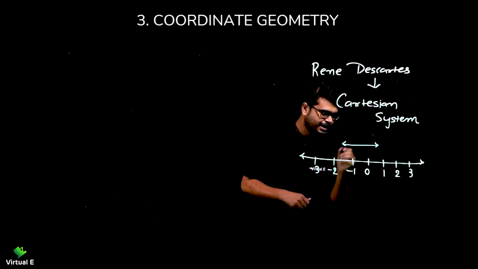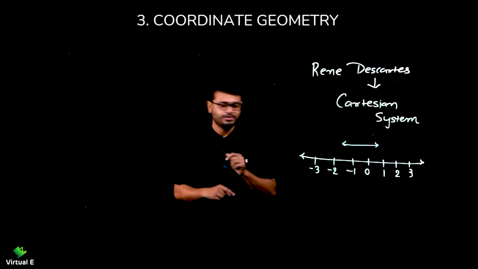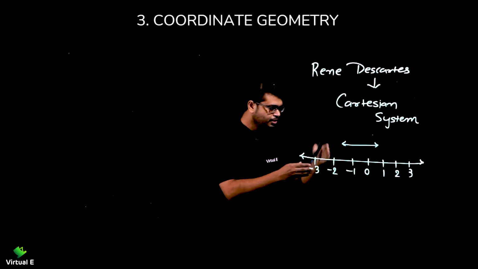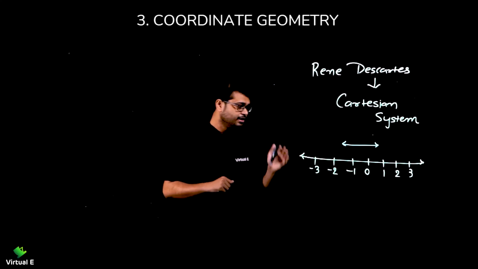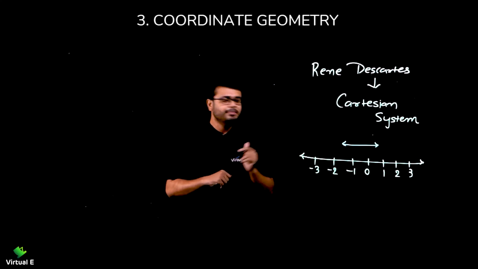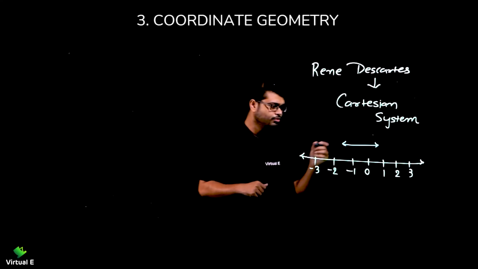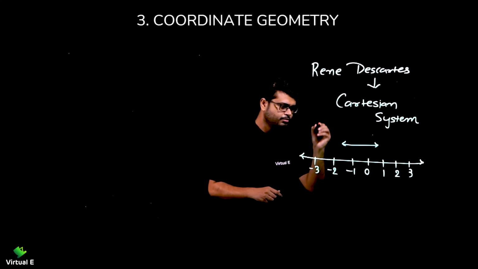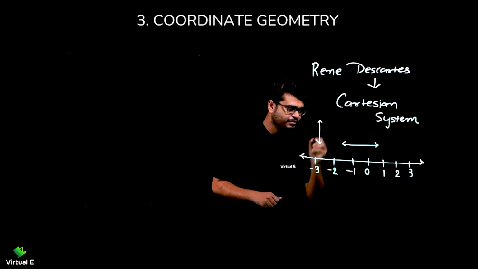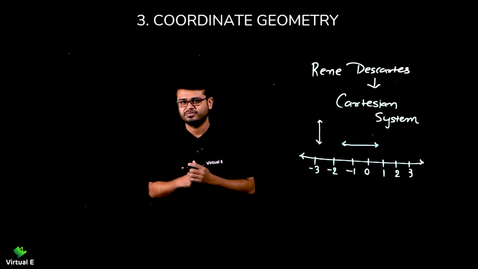You are standing at -2, you can go to 2 as well, taking some steps. Now the problem arises when we want to move up and down. In this system, we cannot move up and down. You have never dealt with this kind of problem so far.